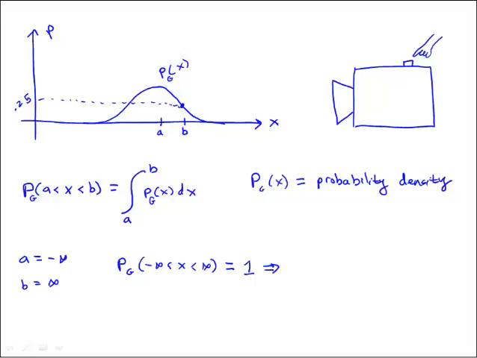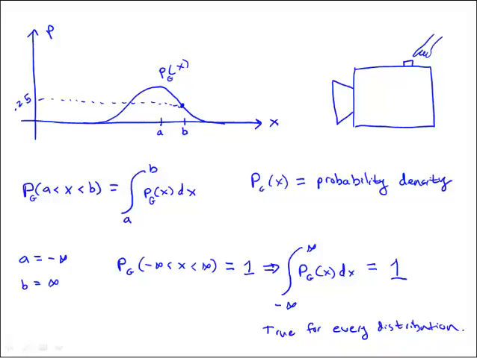That implies that if you were to do this integral from x equals minus infinity to x equals plus infinity of the Gaussian distribution, you will get 1. And in fact, this is true for every distribution. A probability distribution should always integrate to 1.